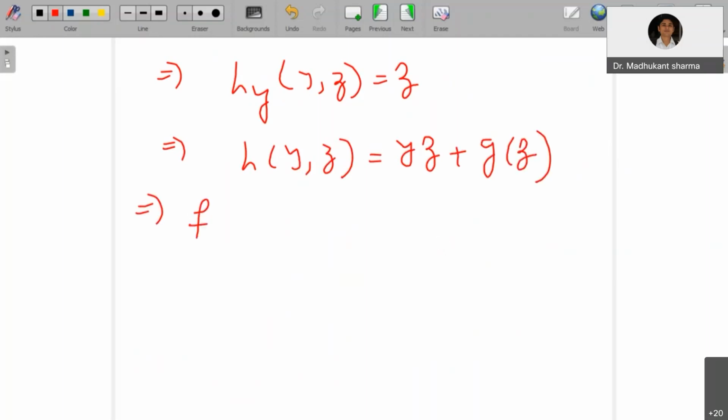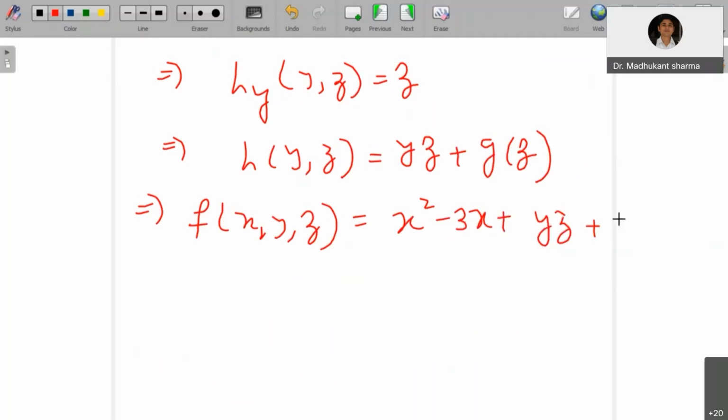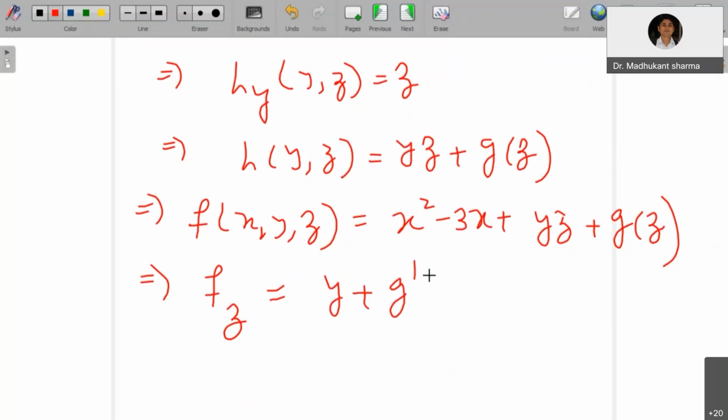So this implies f of x comma y comma z is equal to x square minus 3x plus y times z plus g of z. Now fz from here is going to be y plus g dash of z.